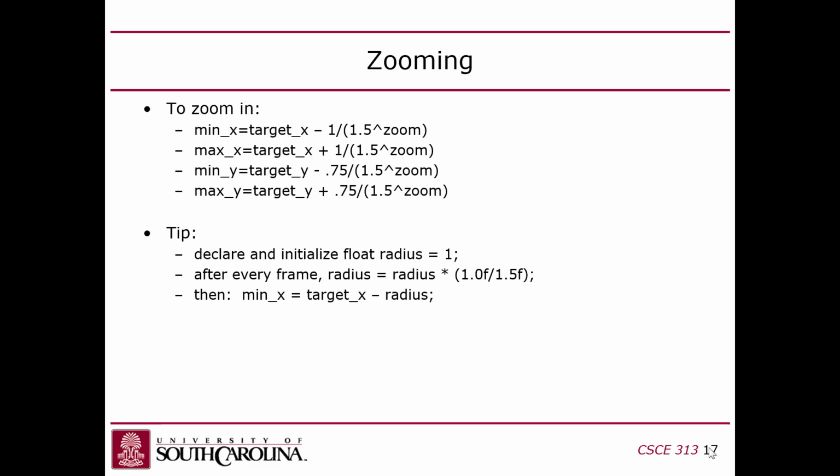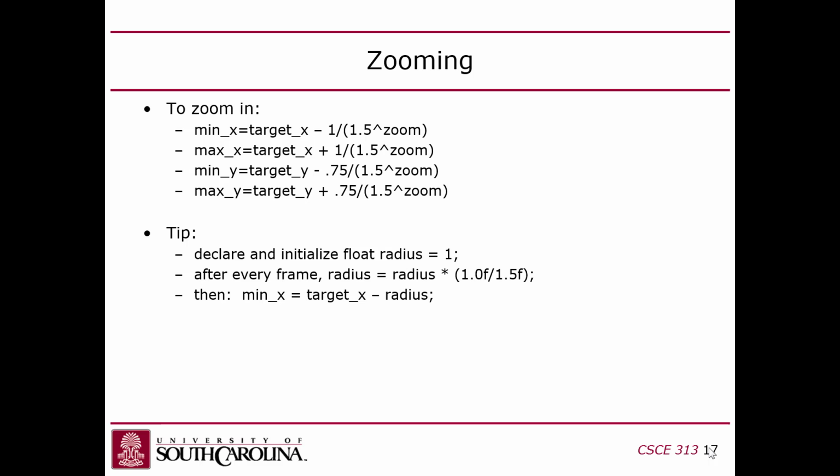Specifically, one way to do that is to say min x is the target x minus 1 divided by 1.5 raised to the zoom power. The problem is you don't want to use an exponentiation in this because that's going to slow things down. You know what? Actually, come to think of it, it probably doesn't matter that much because you only have to do this once per frame. So it's not a big deal.